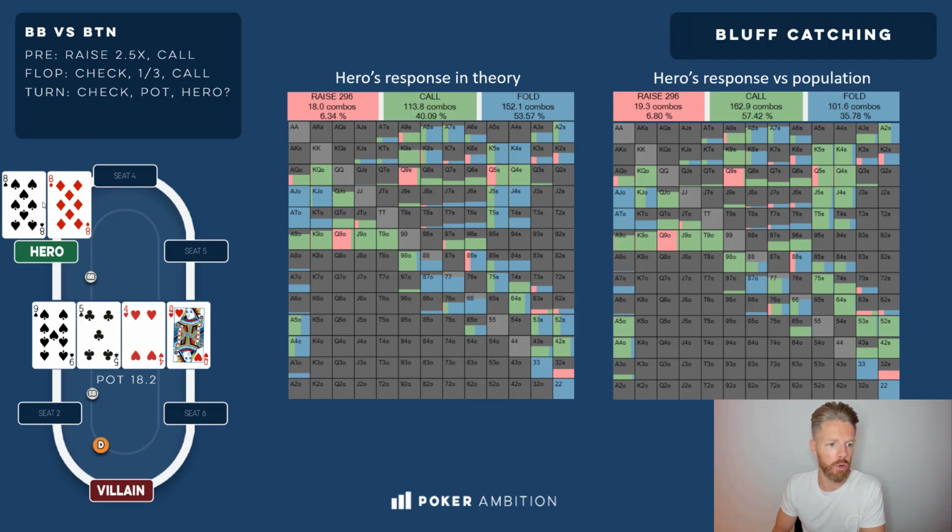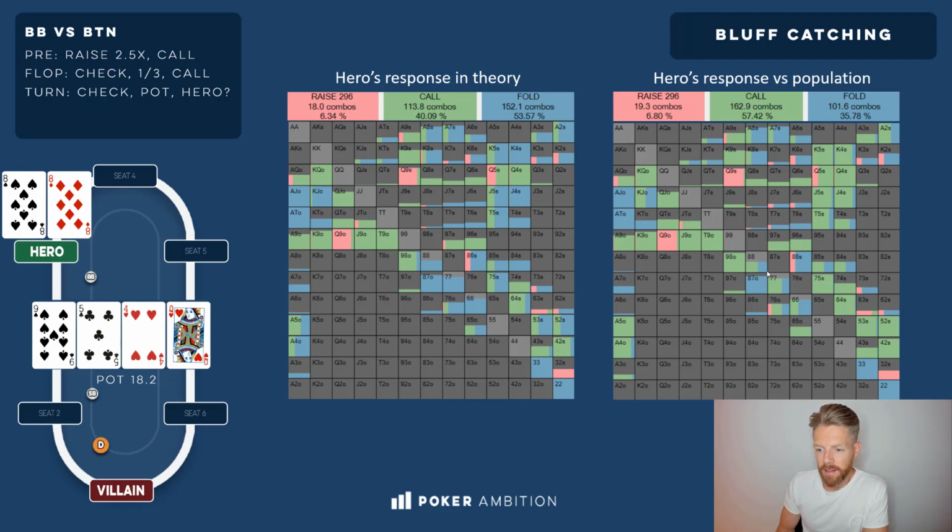And that is because when you have a heart, if he barrels hearts, he has less equity because we already have a heart. And also if we improve to a set on the river, which is very unlikely, but if we have a heart, it will always be an 8 that doesn't improve villain to a flush. So basically our outs are cleaner.